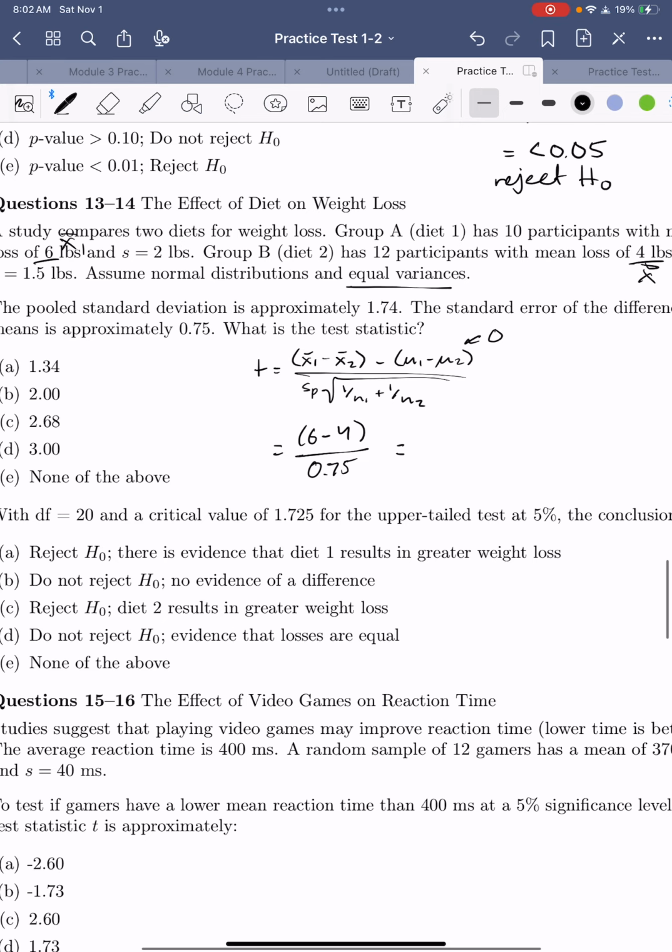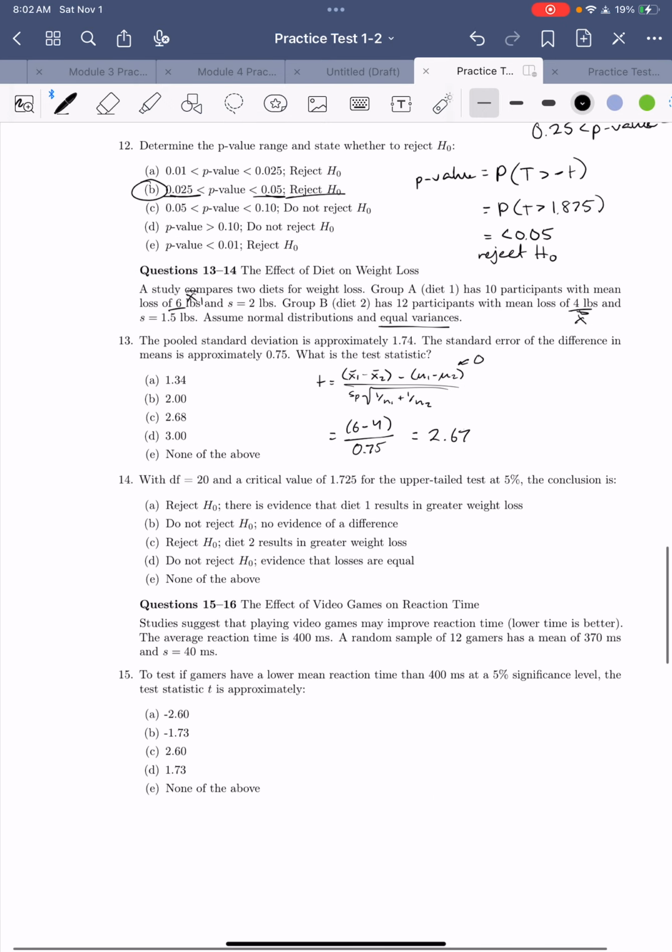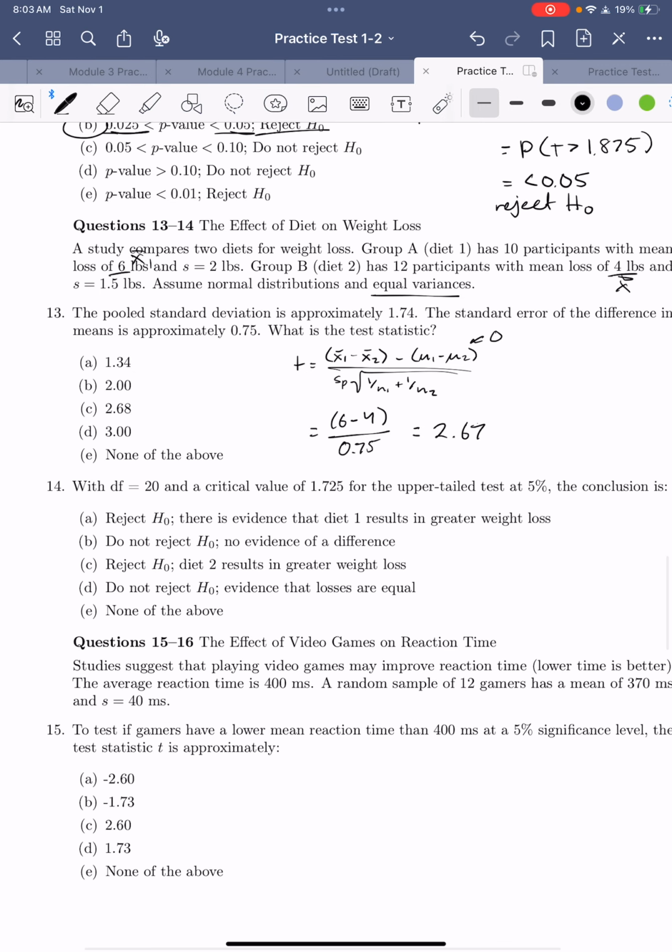This is 2 divided by 0.75, and that is equal to 2.67. That's really close to this number here, which is 2.68, and so that's our correct answer.